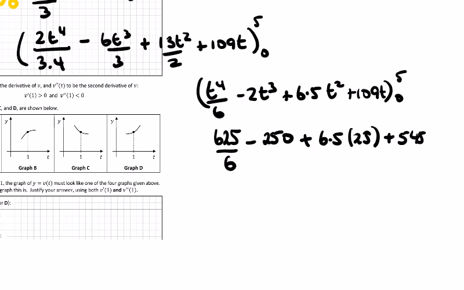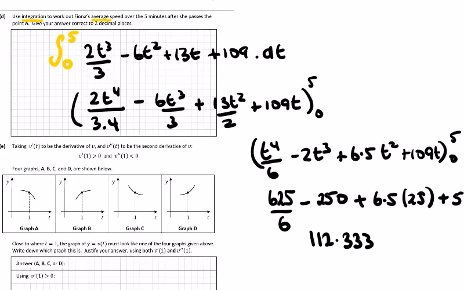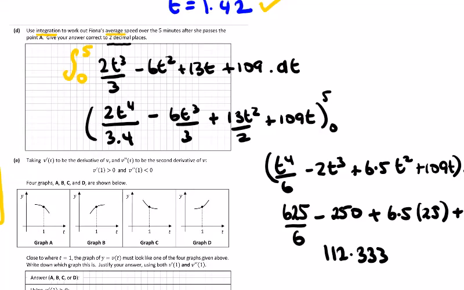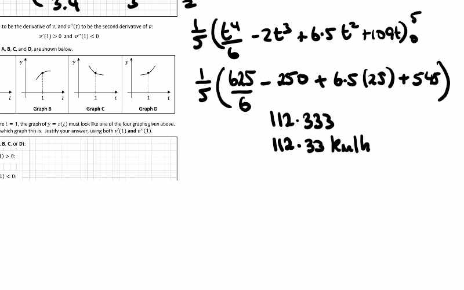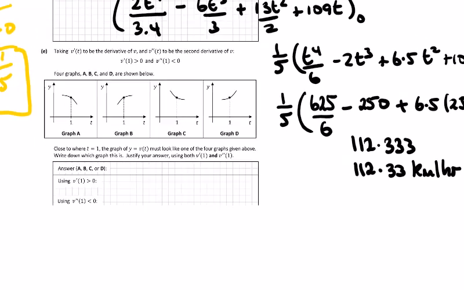And if we type that into a calculator, we're going to get 112.33, repeating. How many decimals are required? 2. So 112 point, and actually that's bringing in the fifth as well. I've put the fifth in there, divided it by 5, a fifth. 0.33 kilometers an hour is the average speed in the first 5.